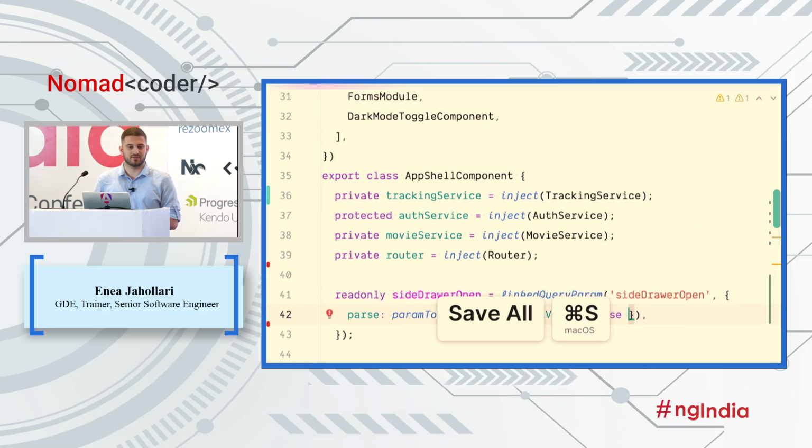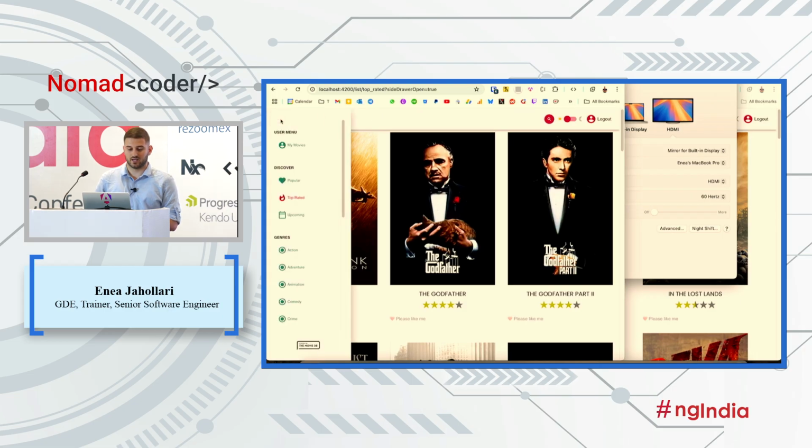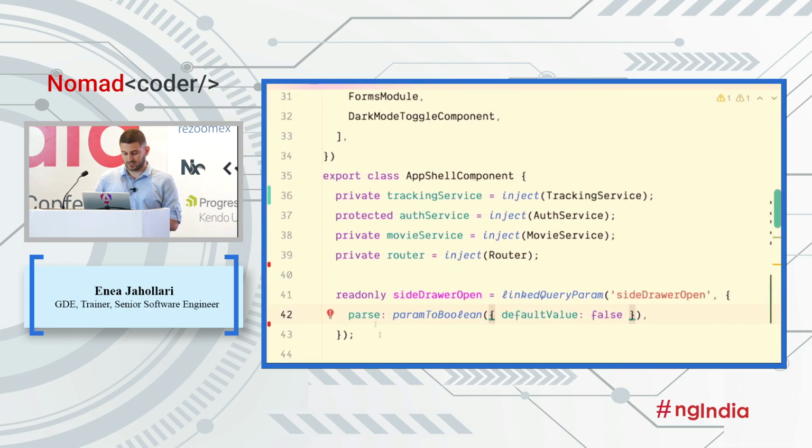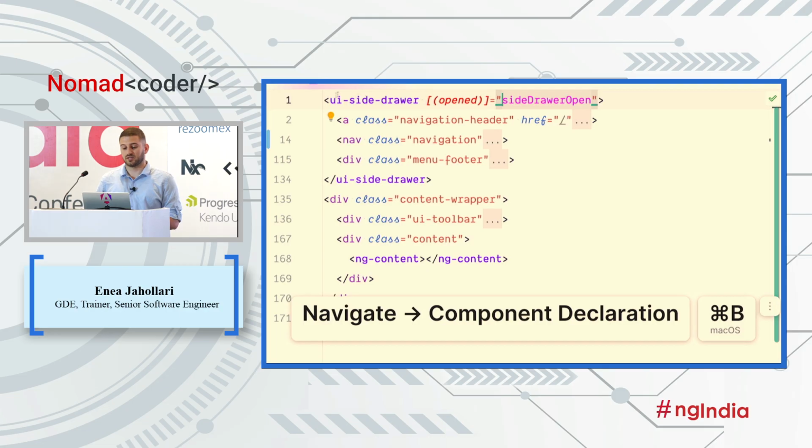But if there's something in the query params, keep that state first. If I go on the page, refresh just in case, and open it, as we can see, we have sideDrawerOpen set to true. If I refresh the page, that stays. Of course, normal behavior. And we can see that sideDrawerOpen is used inside my template, inside this UI side drawer.